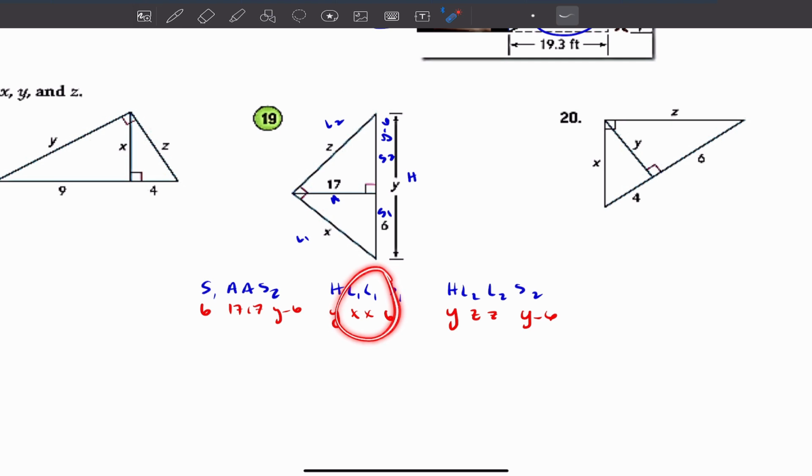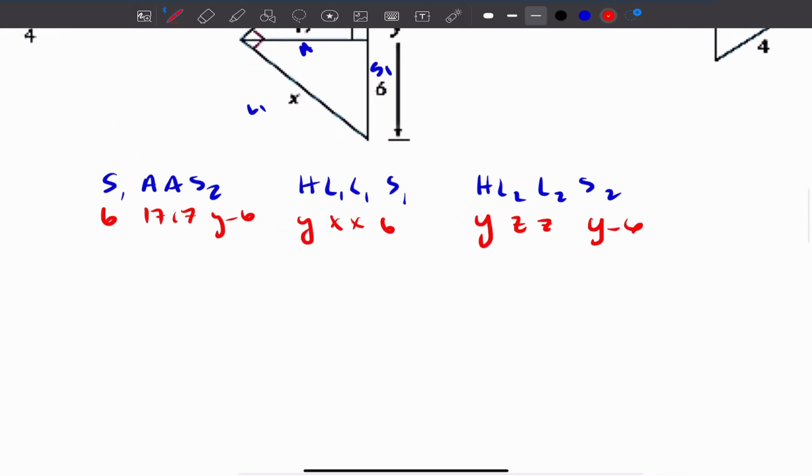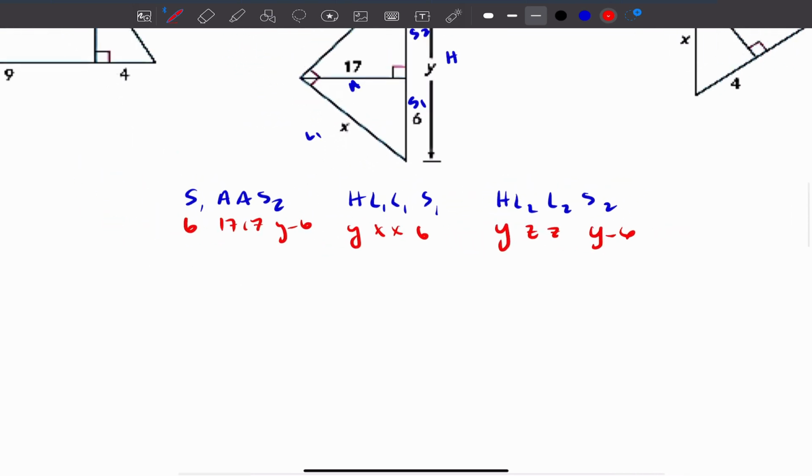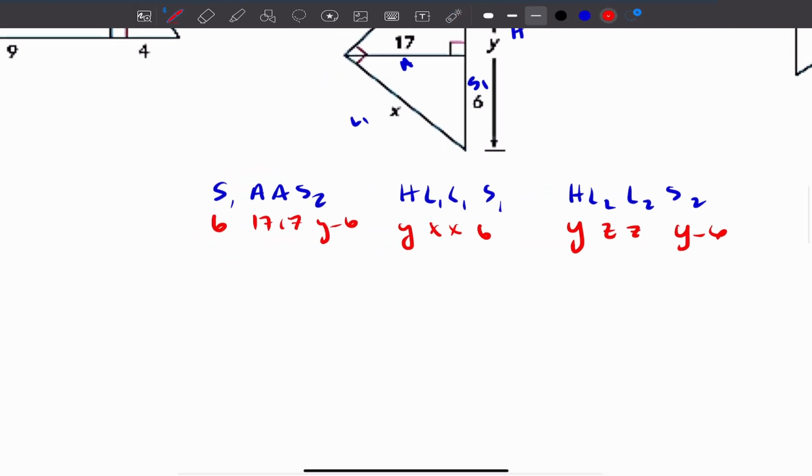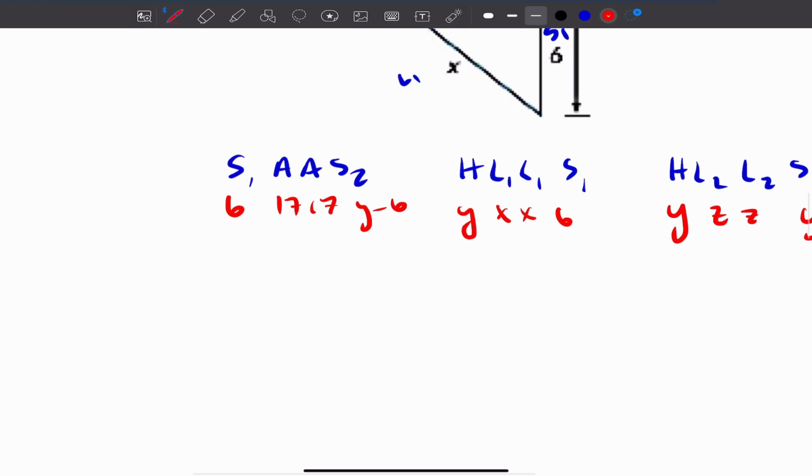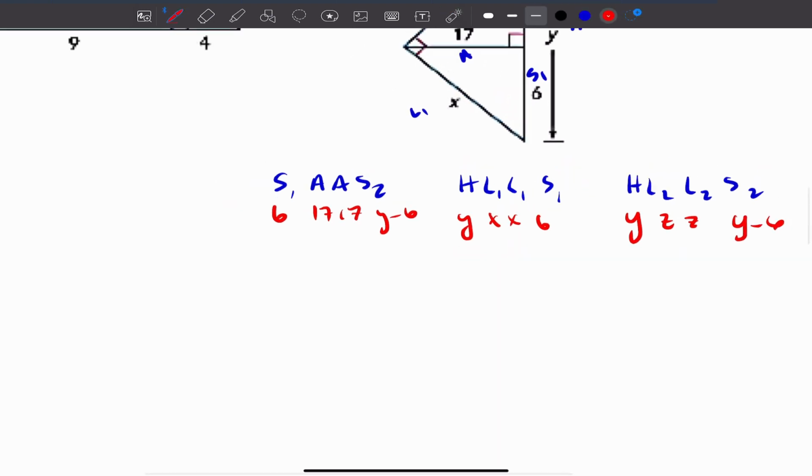I can't use this one either because we have a y and an x, so there's no way to work with that one yet. Really, we're going to be working with segment 1, altitude, segment 2, so that's SAAS. We'll use that one first. My apologies that I didn't see the two variables there.